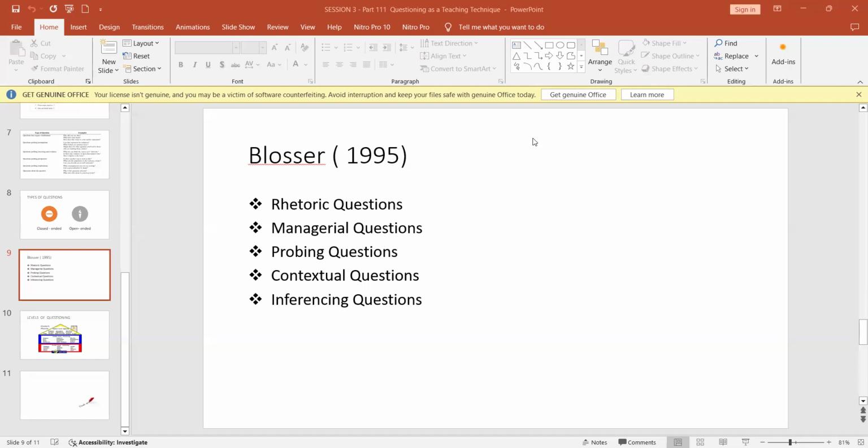Probing questions, to guide the learner towards discovery learning without the teacher flatly giving it. Contextual cut and paste questions. And inferencing, which is not directly given, but they have to put 2 and 2 together and infer the meaning. These 5 types of questions are very common in the class if the teacher is to use questioning as a technique effectively.